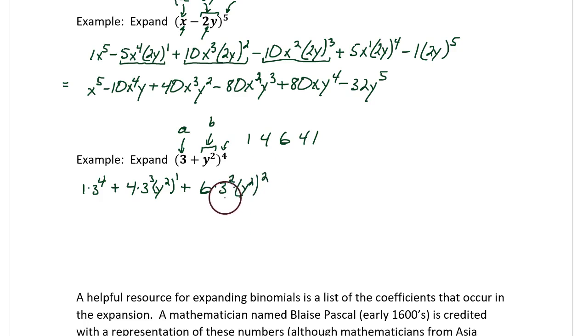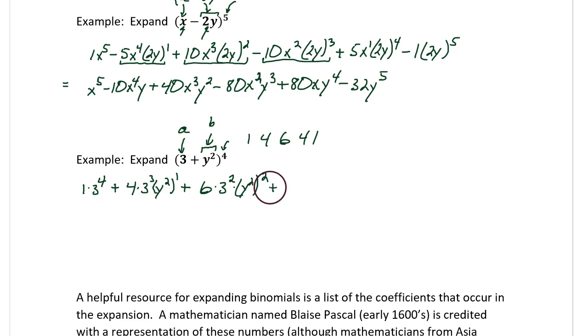Notice what's happening to the exponent I'm using on the 3. It's decreasing. It started with a 4, then a 3, then a 2, and so on as we move to the right. Look what happens to the exponent I'm using on the y squared. It's increasing. Y squared to the first, then y squared to the second, and so on, moving to the right.